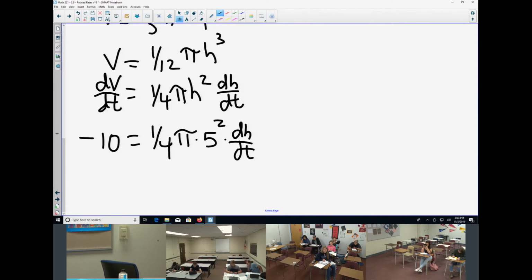When we do the math on that, that's going to be the change in height of the cone.